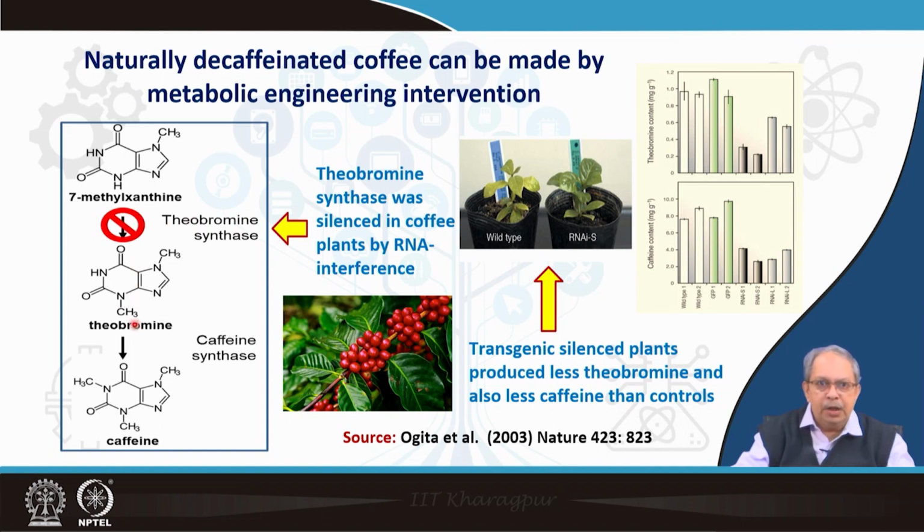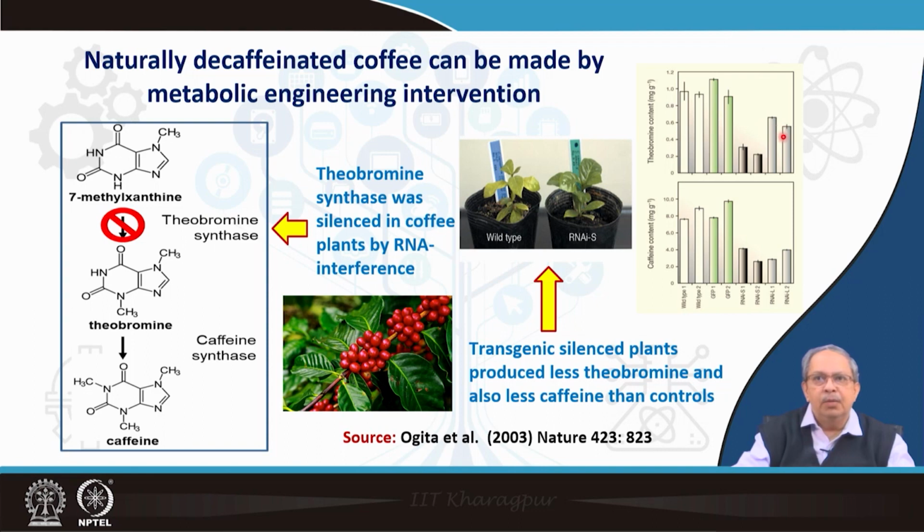and as a result of less theobromine being produced, the pathway for caffeine also gets reduced substrate. So, eventually it produces less caffeine. This is the wild type plant and this is the transgenic plant, and what is shown here is less caffeine in the transgenic line than in the control.